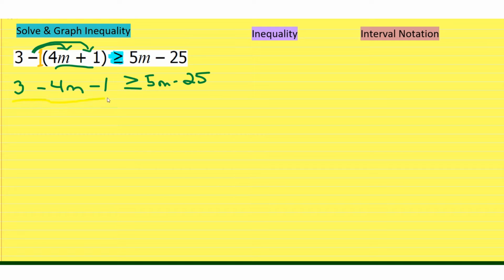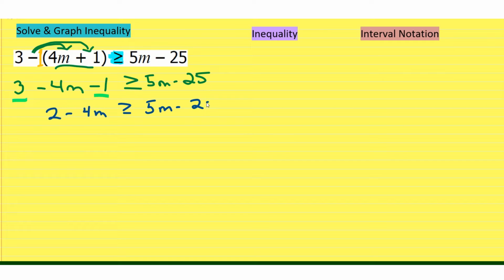So on this side of the inequality sign, do we have any like terms? Well, I do actually have a 3 and a negative 1. Both of those are constants, so let's go ahead and combine those. So 3 minus 1 is 2 minus 4m, and on this side of the inequality I have 5m minus 25.